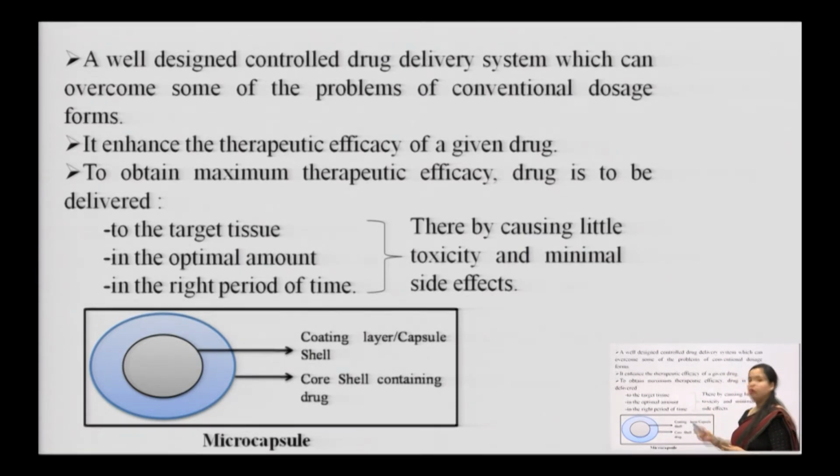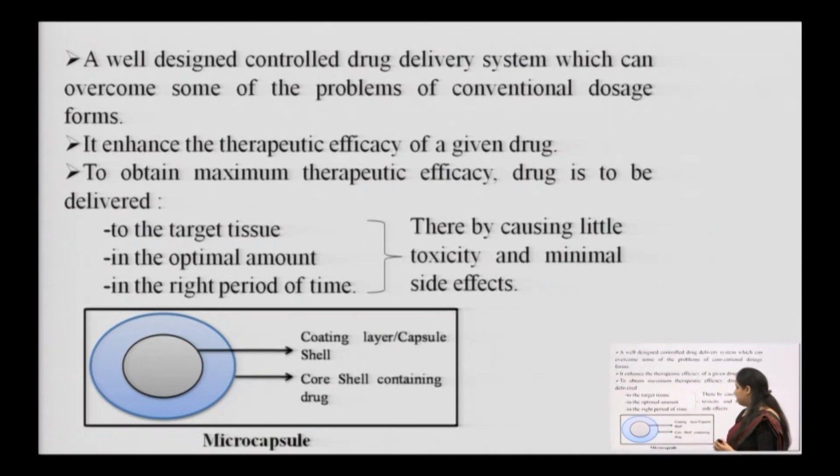These three parameters lead to little toxicity and minimum side effects. So, through microencapsulation we can achieve the targeting effect of the drug molecule within the body, the optimal amount, that means the dose can be minimized, and the time can be increased or modified. We can get modified release profiles of the drug candidate.